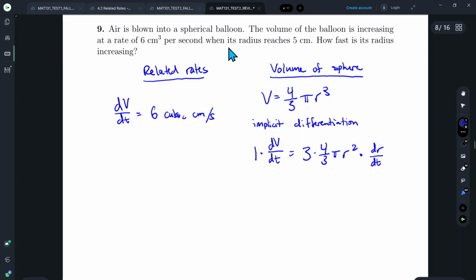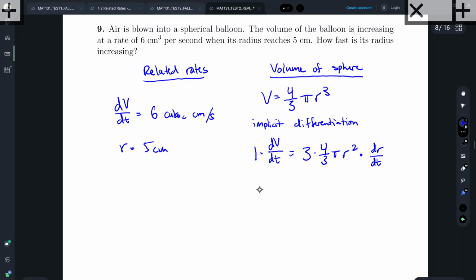What else do we have? We have the radius as being 5 centimeters. So r is equal to 5 centimeters. Okay, so that's the information we have. So we plug it into the equation now.